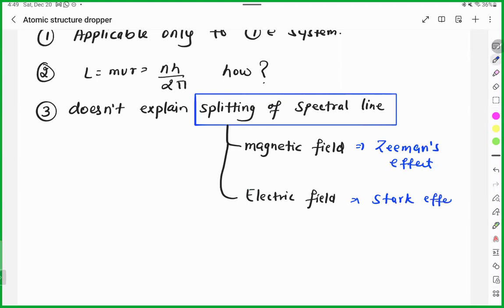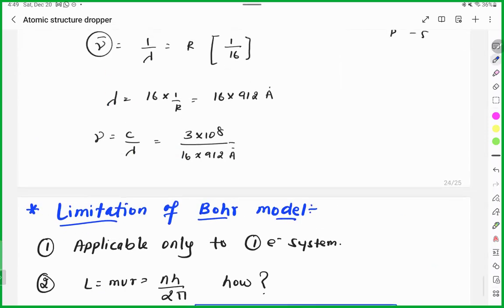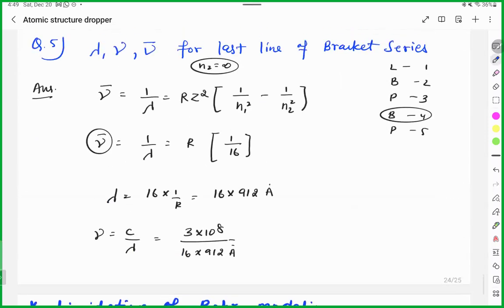If you have a strong influence, the lines can break and their energy can change. How this energy changes in the presence of magnetic and electric fields is not explained by the Bohr model. If you know this, you can solve many questions.